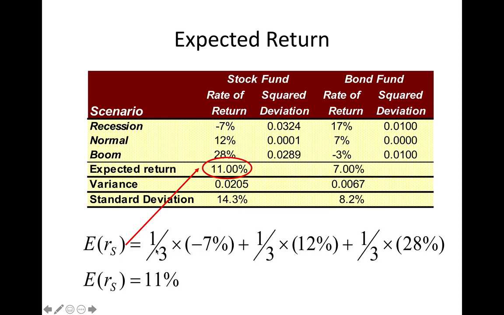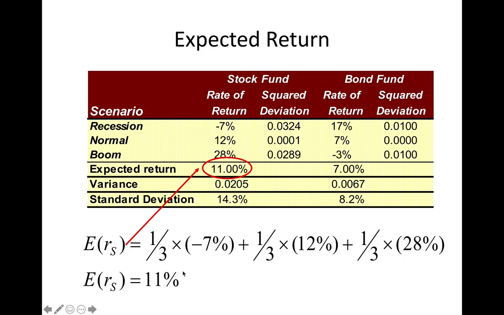Taking an average of all of these occurrences for the stock fund, scaled by the respective probabilities of occurrence for the scenario of a recession, normal, or boom, we end up with an expected return of 11%.